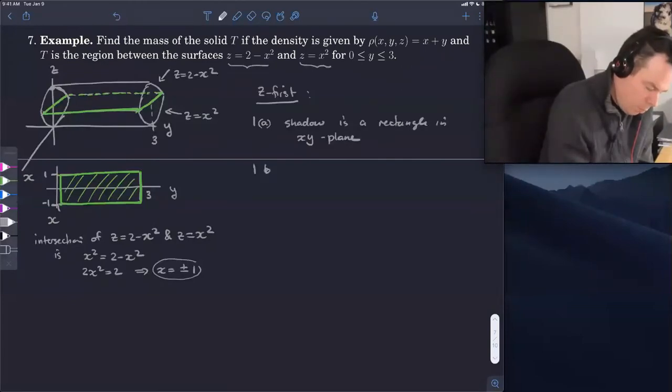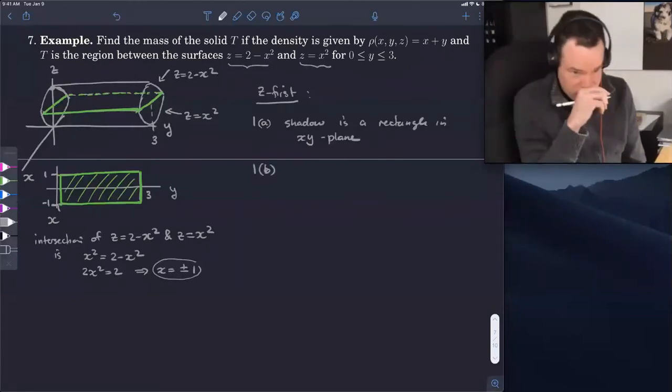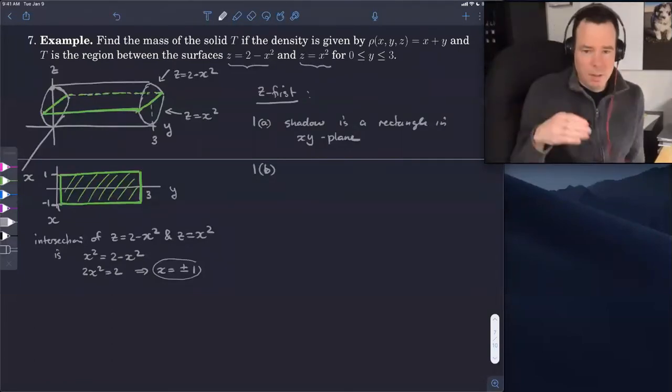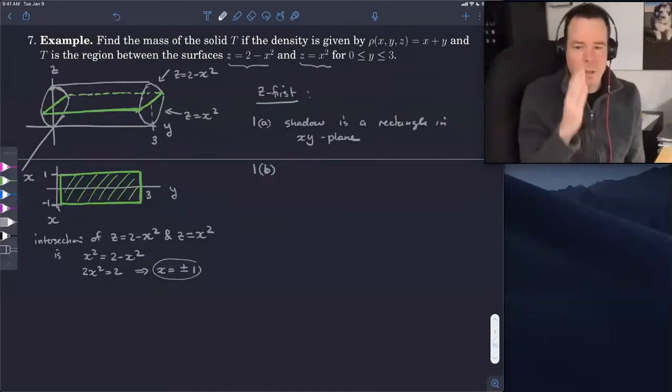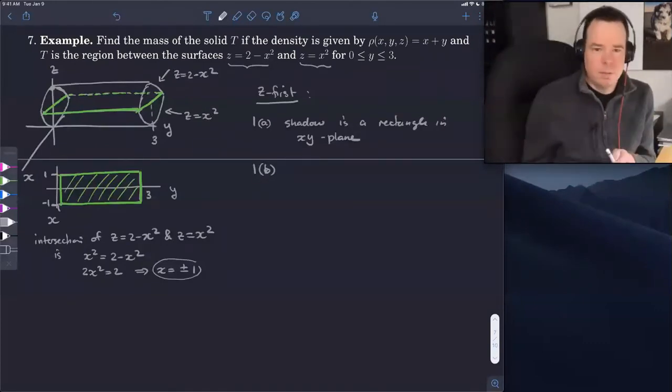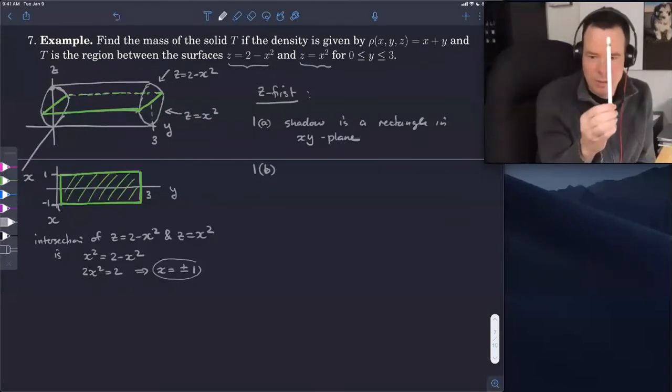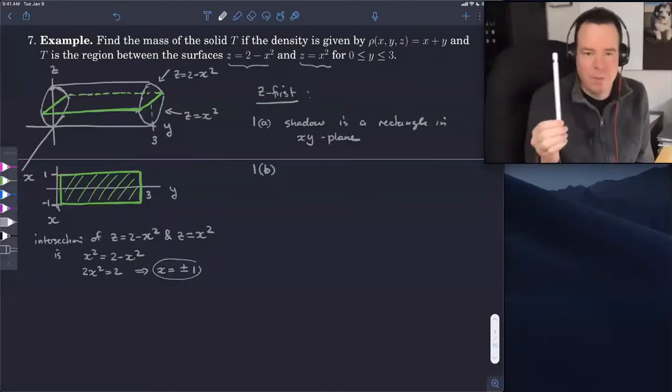1b, are there sides? So we're looking in the Z direction. Sides are going to be things that, if I imagine I take a line segment in the Z direction, so I'm imagining my pencil as a line segment in the Z direction, and I just move it around all the boundary of the shape.